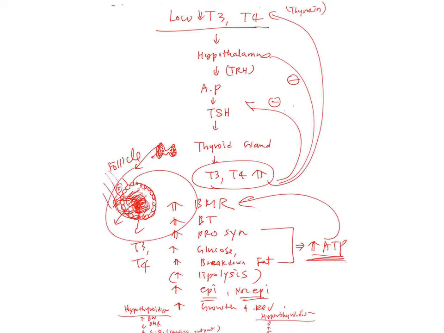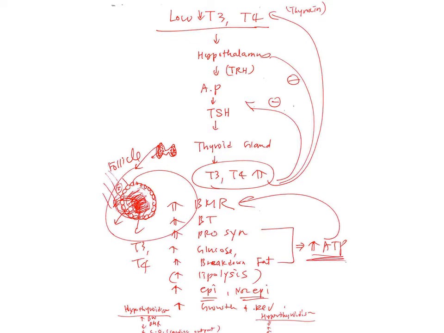It increases metabolic rate and heat production, regulates tissue growth and development, and development of the skeletal and nervous systems. It also maintains blood pressure and affects reproductive capabilities as well.